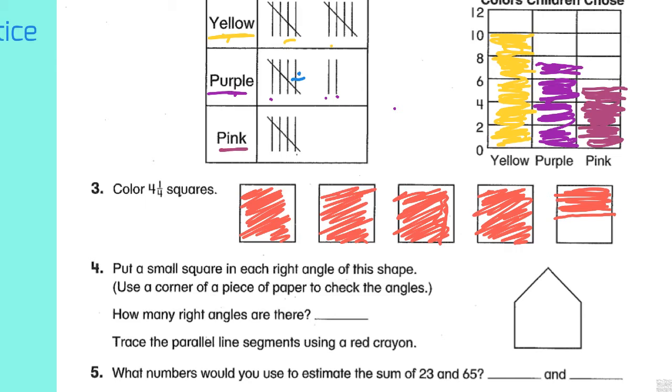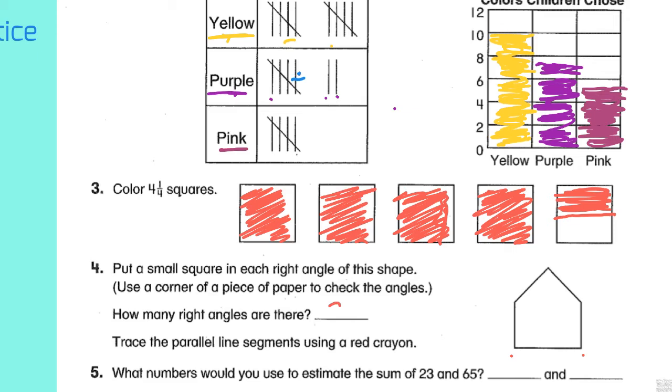For number 4, it says put a small square in each right angle of this shape. Use a corner of a piece of paper to check the angles. Let's look. How many right angles are there? I see 1, 2.